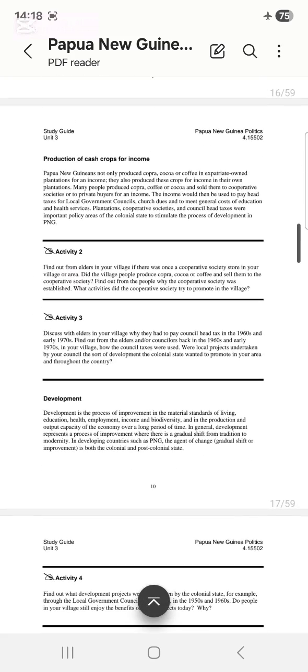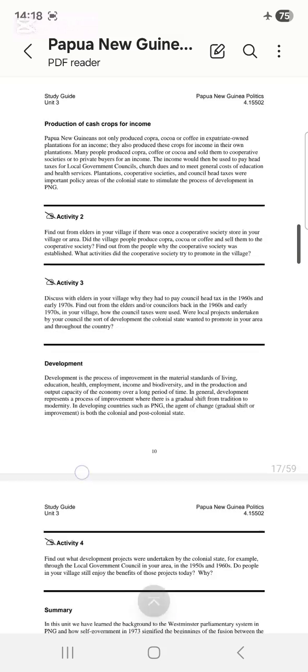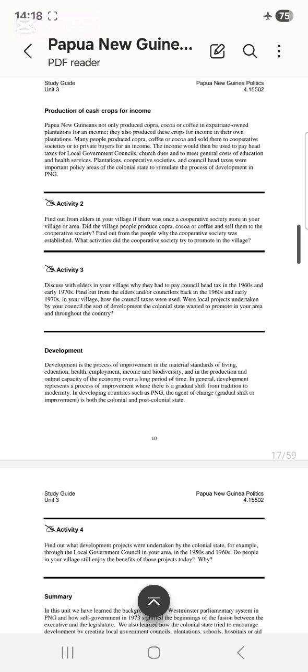Now let's look at the third subheading, which is production of crops for income. And I'll read first, and just to try to get an idea of what is happening here.